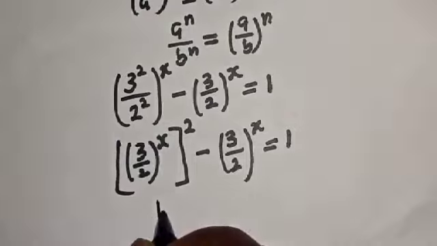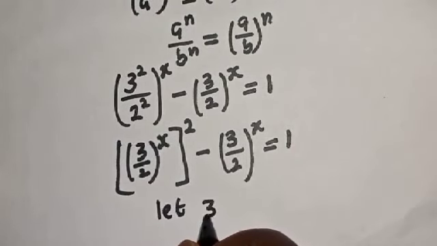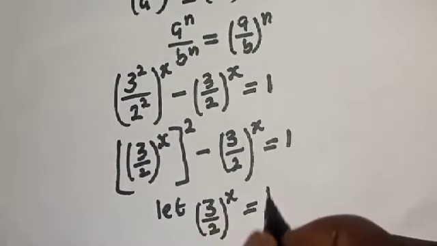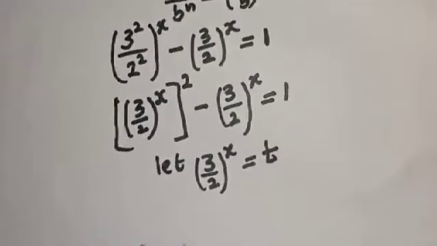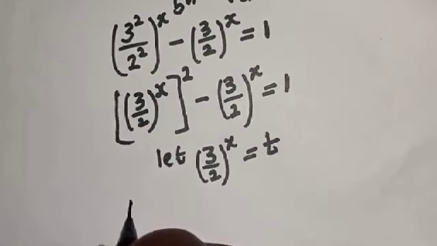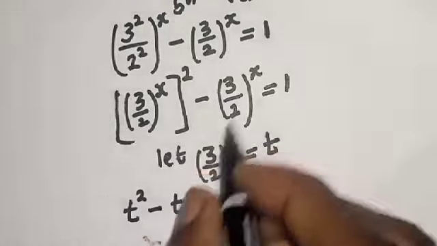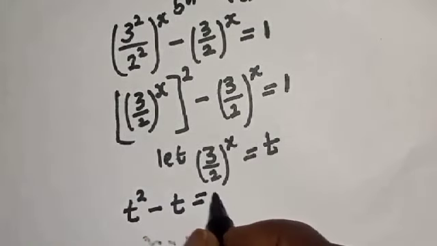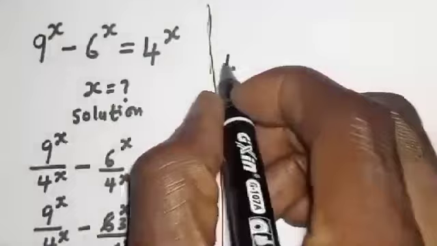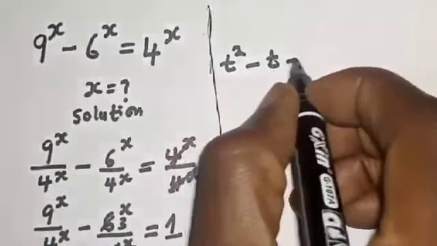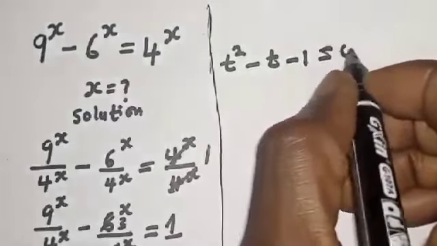Now let 3 over 2 raised to power x be equal to t. Then we have t squared minus t is equal to 1. t squared minus t minus 1 is equal to 0.